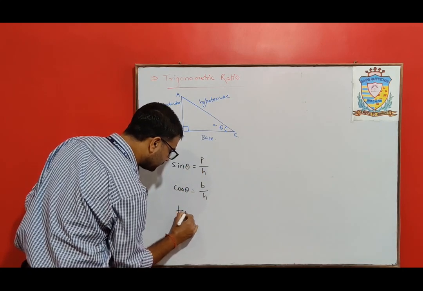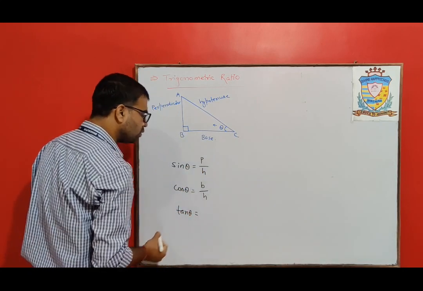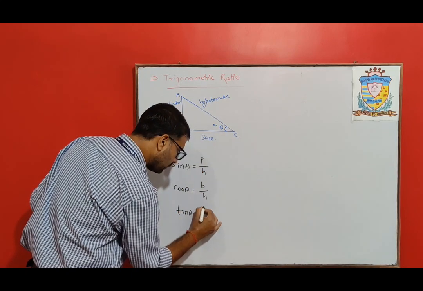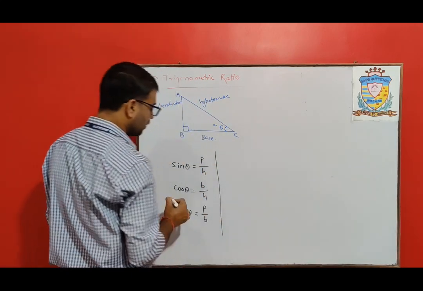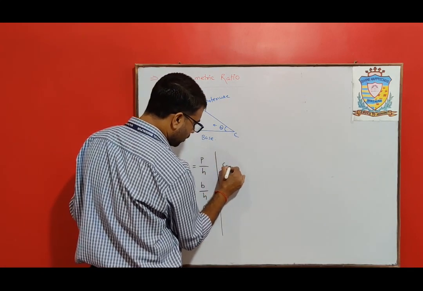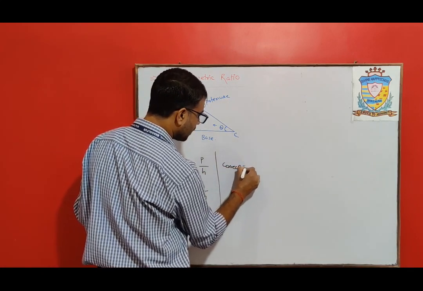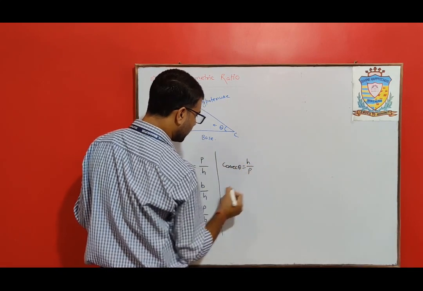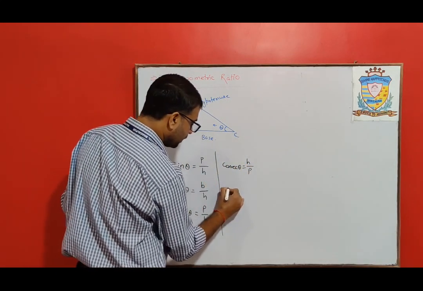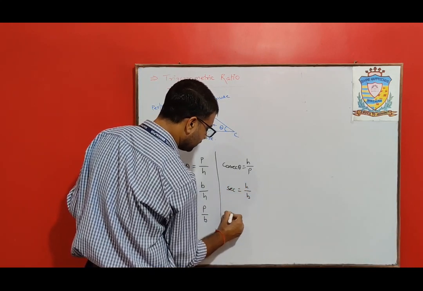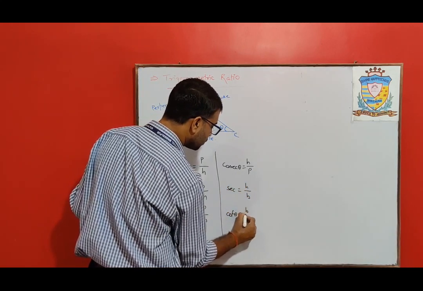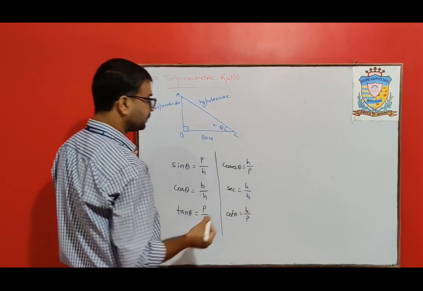Tan theta is equal to perpendicular upon base. Okay. Next is cosec theta, which is equal to hypotenuse upon perpendicular. Sec theta is equal to hypotenuse upon base, and cot theta is equal to base upon perpendicular.